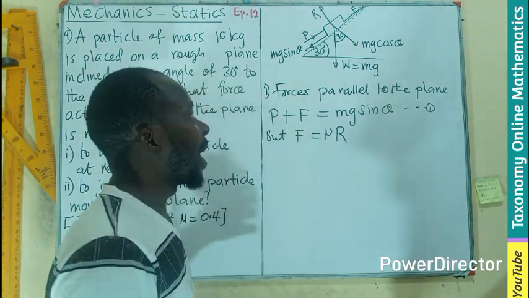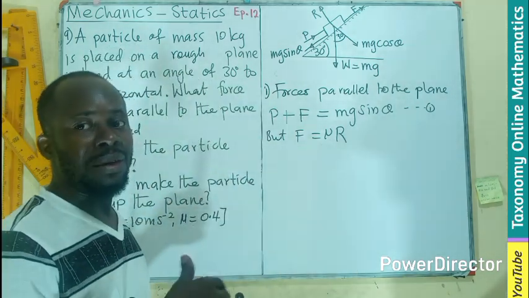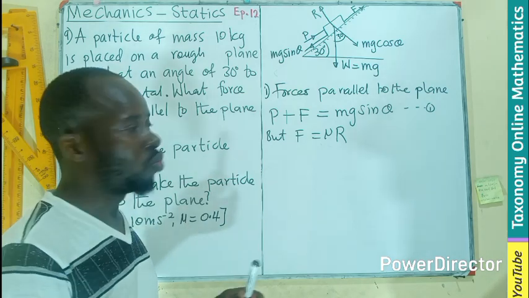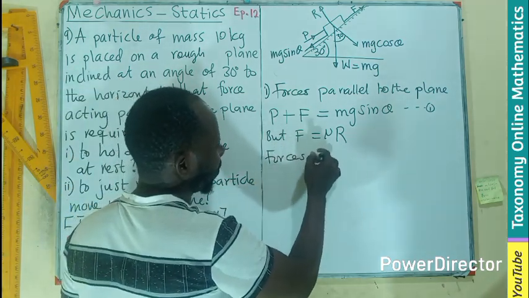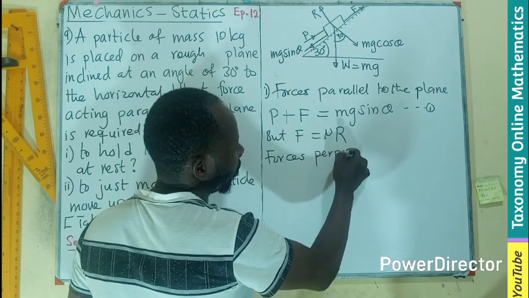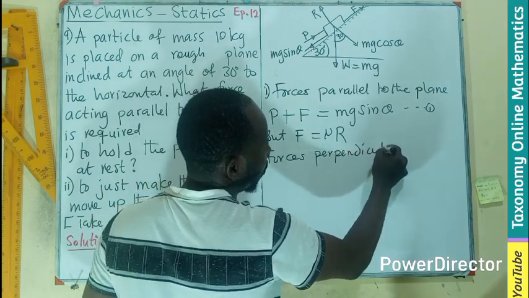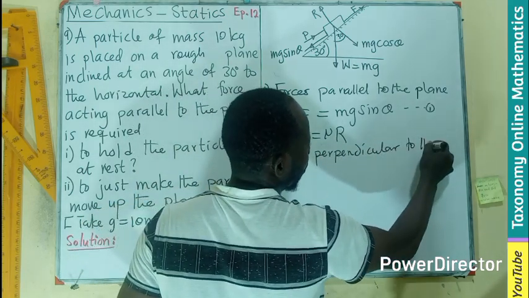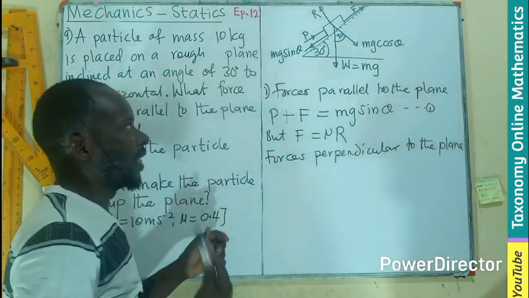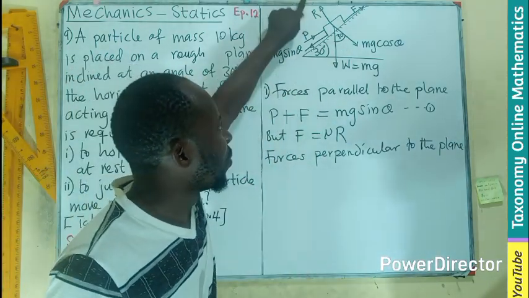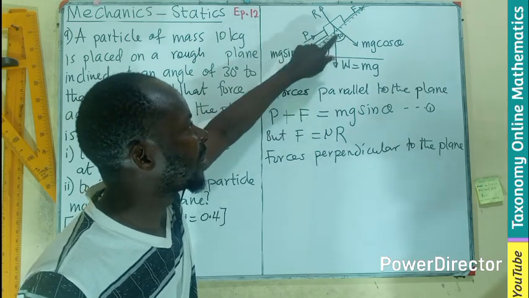R is the force perpendicular to the surface. So we consider forces perpendicular to the plane, which are right-angled to the surface.